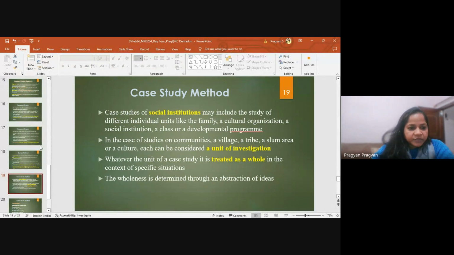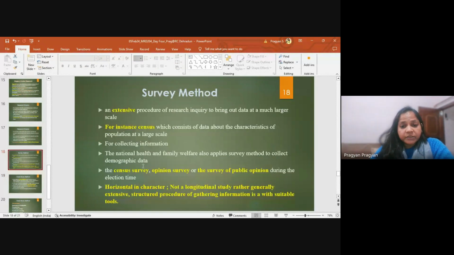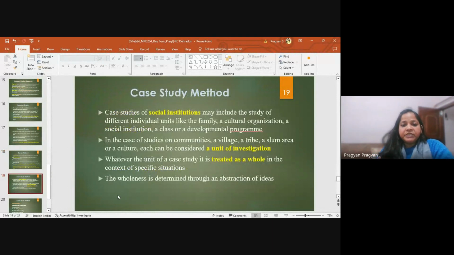So the basic difference is that in the survey method the number of units was much more. That is why we are calling it extensive again and again. But in the case study method, it is going to be intensive. Why? Because these are going to be treated as one single unit of investigation, and that is why the units are treated as a whole.